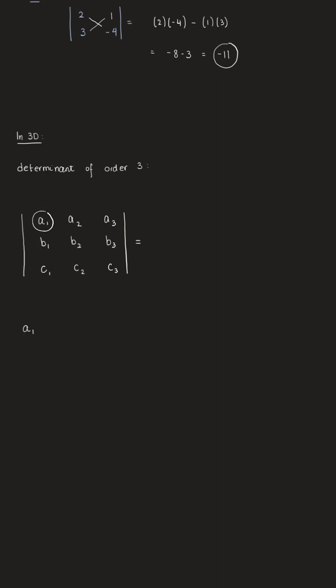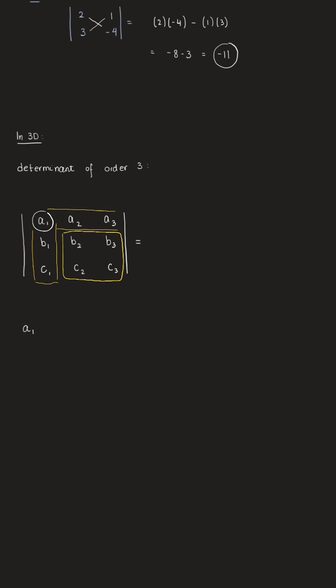We're going to imagine that we block off the column that contains A1 as well as the row that contains A1, and we will calculate the determinant formed by the elements that are left.